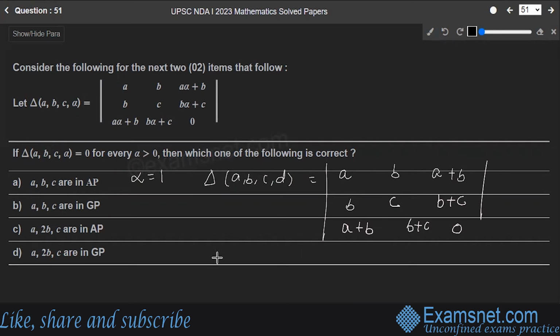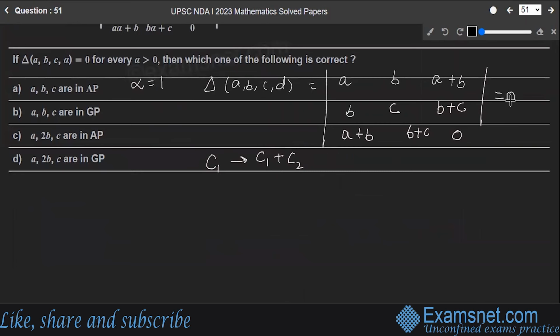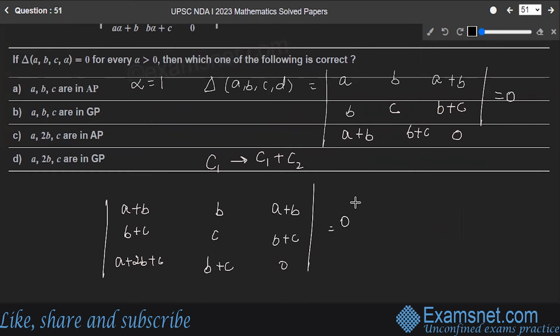I will do some operation on the first column. I'll be transforming into C1 plus C2. Now this is given to be 0. So C1, adding the two columns and placing it in C1. So this will be A plus B, B plus C, and A plus 2B plus C. And here is B, C, B plus C, A plus B, B plus C, and 0. This is equal to 0.